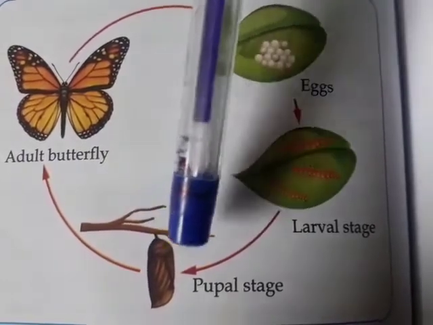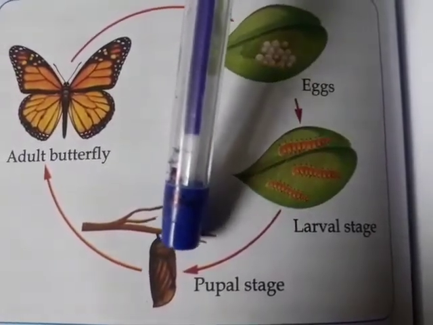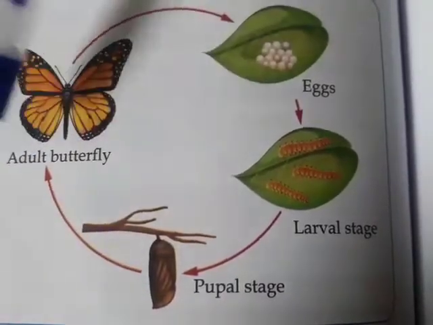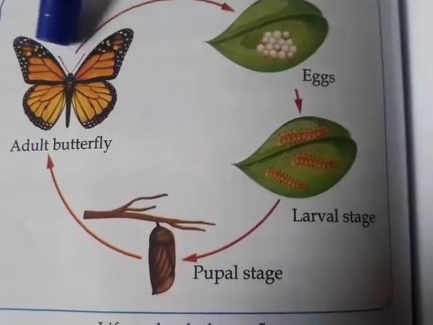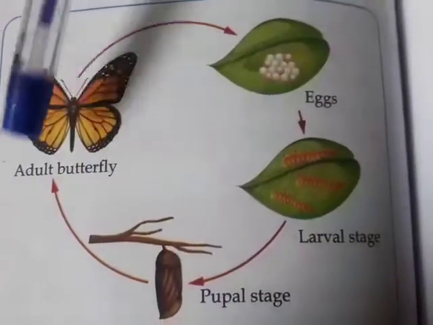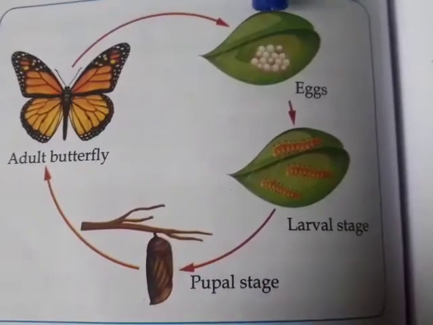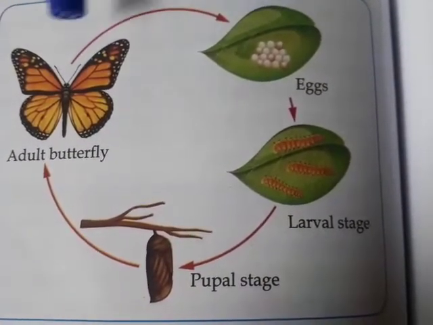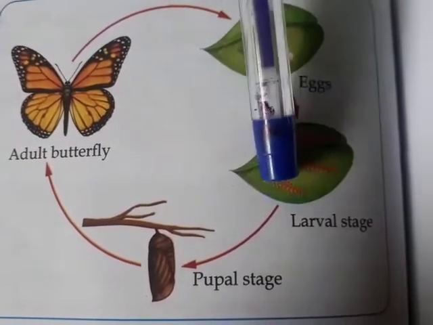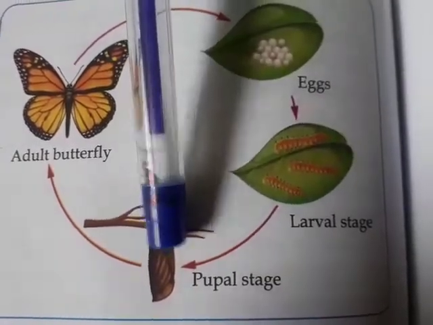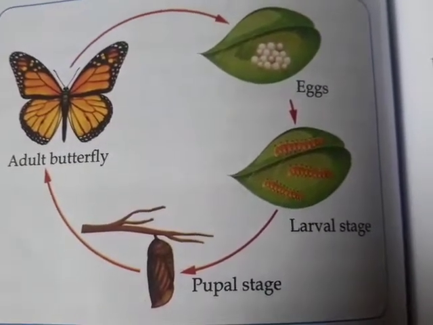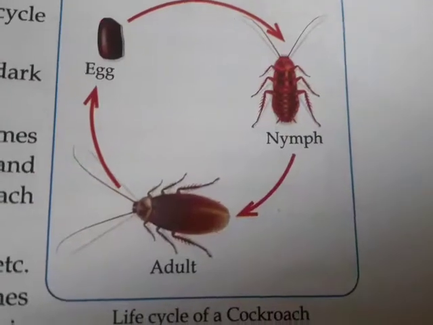Then it becomes a big butterfly, breaks the cocoon and comes out, and then becomes an adult butterfly. Okay, so how many stages are there in the life cycle of a butterfly? There are four: egg, then larva stage, pupa stage, then adult butterfly. Okay, then we will come to the next.